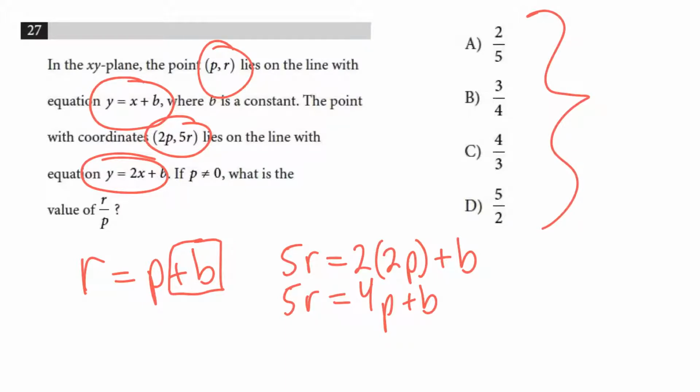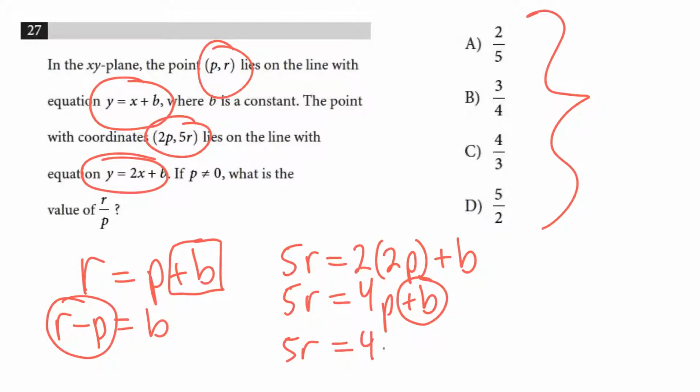So to isolate the b, I'm going to subtract p from both sides. So b equals r minus p. All right, well, I can substitute that into my second equation here, and I will get 5r equals 4p plus r minus p.